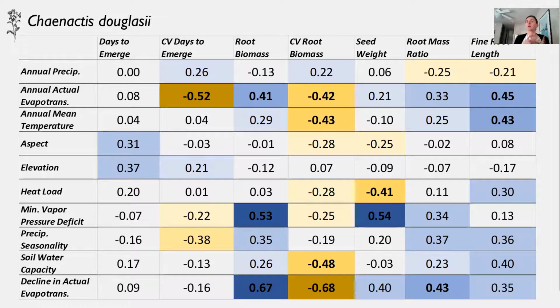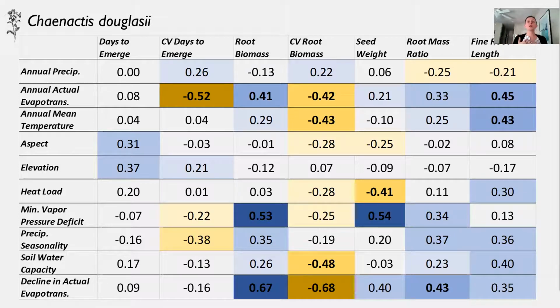That's really stressful. Those sites, along with sites with a really strong decline in actual evapotranspiration, are sites where there was a really sharp transition from rainy to dry season. So at these two kinds of stressful sites, high VPD and greater decline in actual evapotranspiration, cheatgrass, Connectus to glassii, was actually having larger roots and was creating bigger seeds, which is counterintuitive.